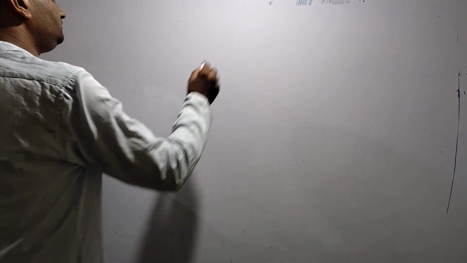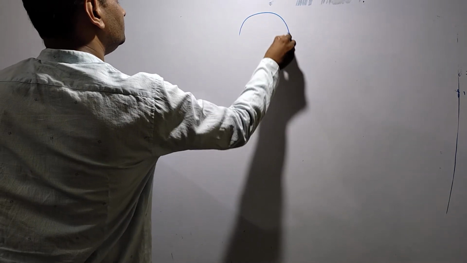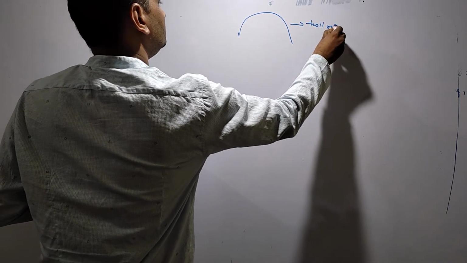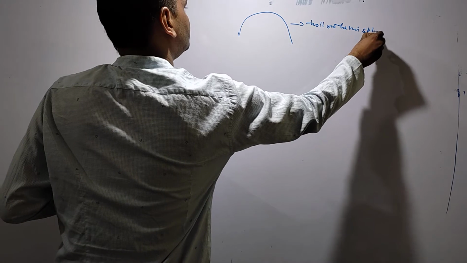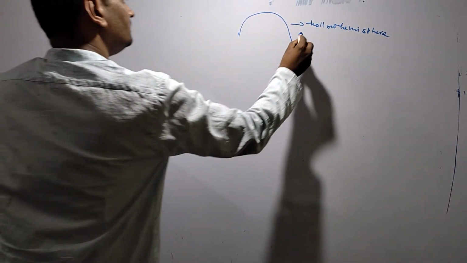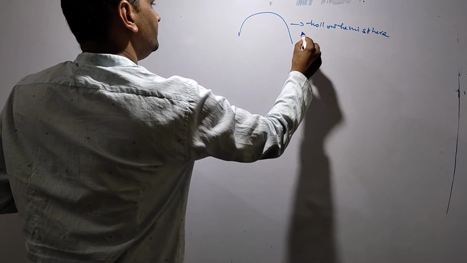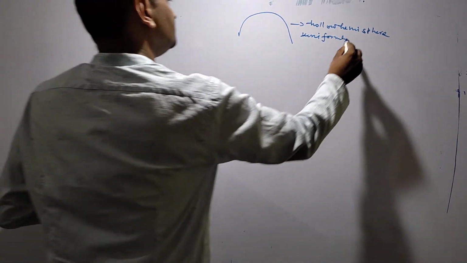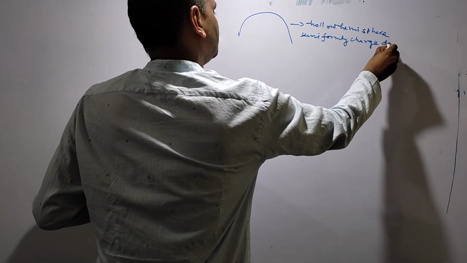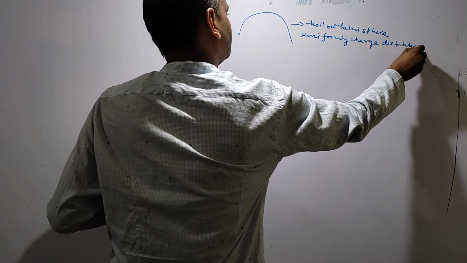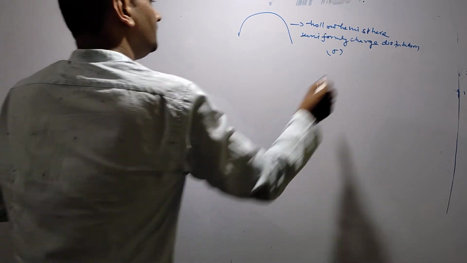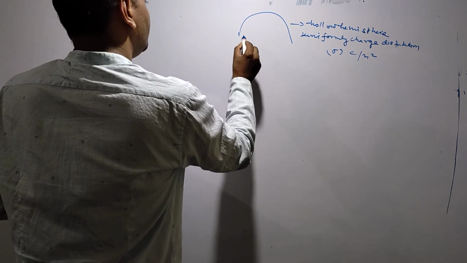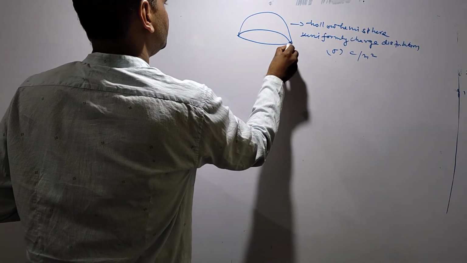Now one more question. Suppose this is a hollow hemisphere, uniformly charged distribution sigma, and this is nothing but coulomb per meter square, and this is the center.